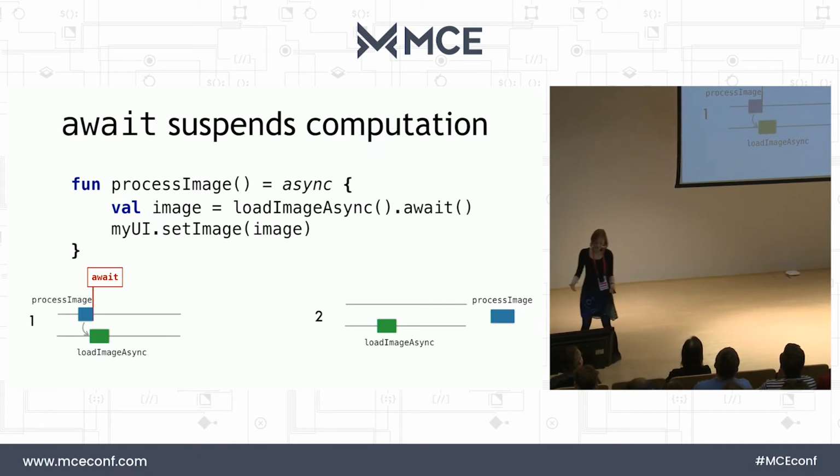How does it work? There is this process image computation that starts another one, load image, and at the moment when process image reaches this await call, that means that the compiler puts this process image computation somewhere, in the second picture, puts it aside.